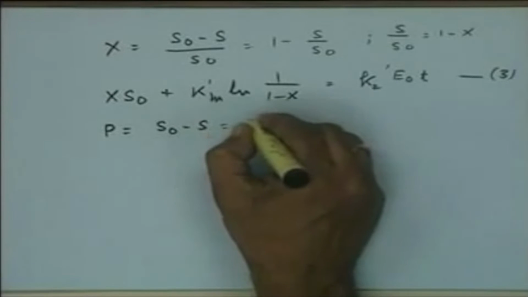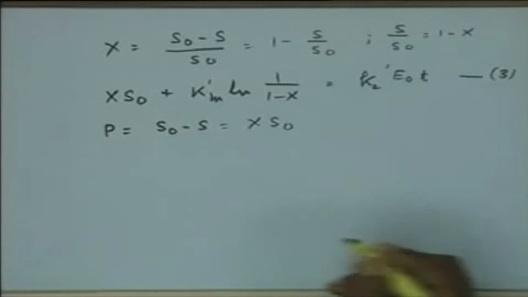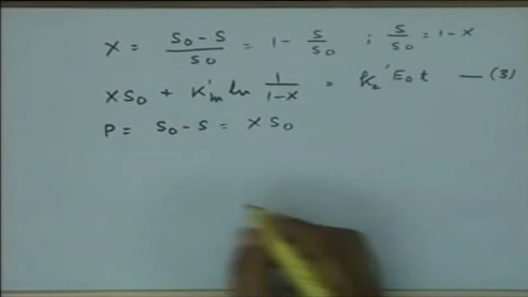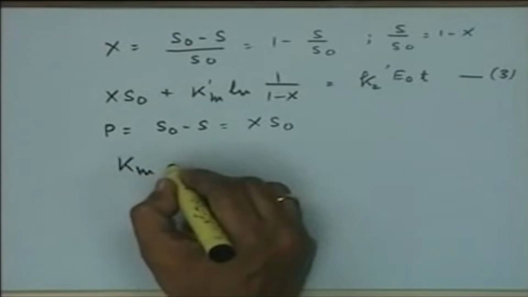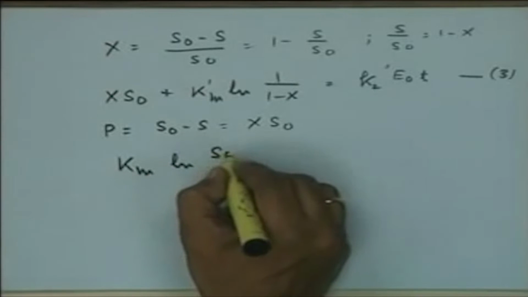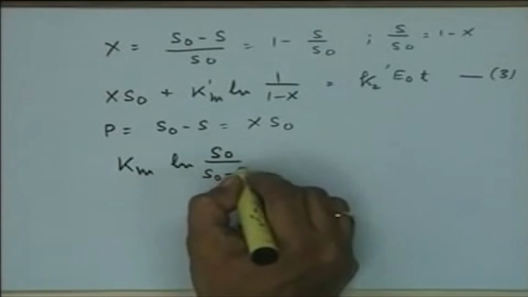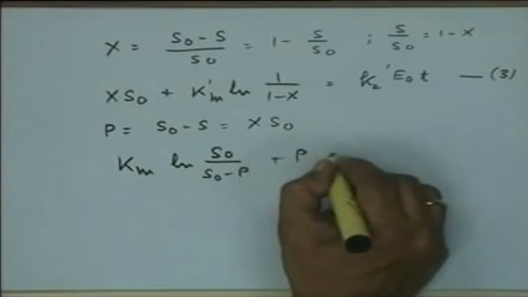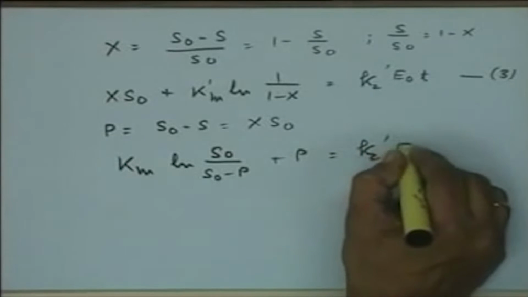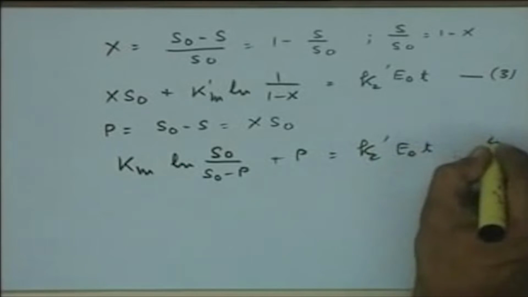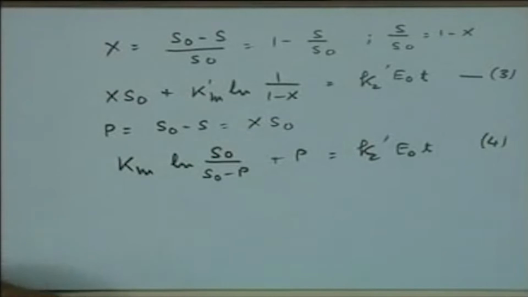Now, this will also be equal to x into S naught, and therefore, you can also write in terms of product concentration: Km ln S naught upon S naught minus p, plus p, equal to K2 E naught into T. Now, if you look at these equations, you can use the reactor performance data of a batch reactor.